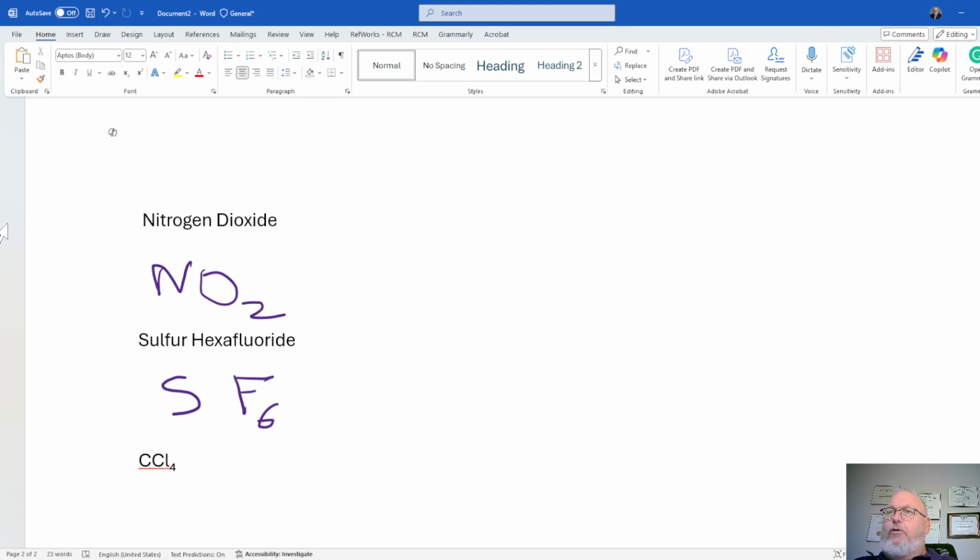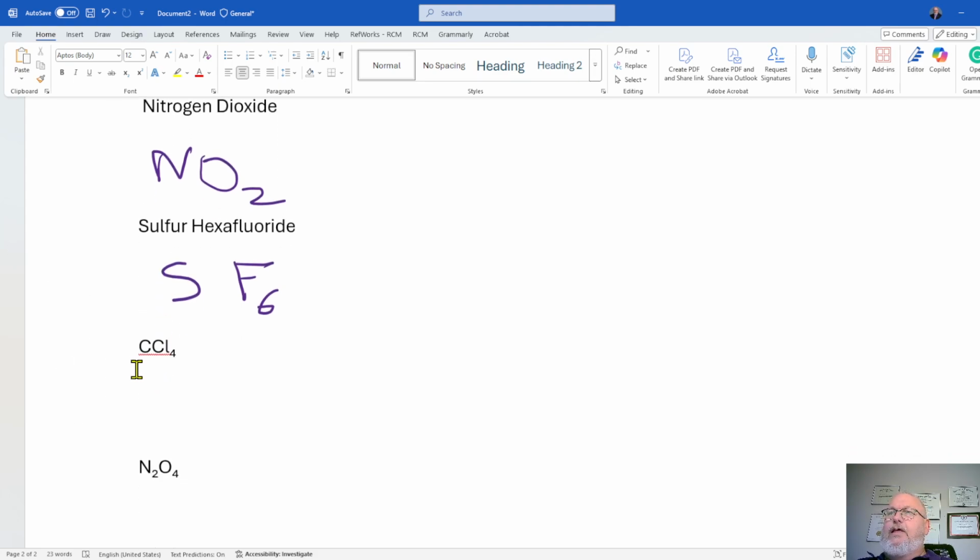Now let's look at a formula and write the name. I've got a C in front, that's carbon. I don't have to put mono, so I'm going to put carbon first. Carbon. I need a prefix. It's 4. I look under there, 4 is tetra. Tetra, and then chlorine. I've got to take the root.